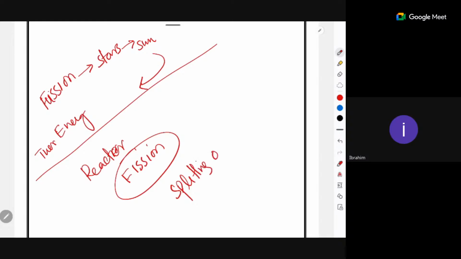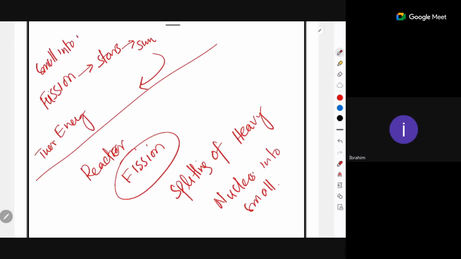Recall this line, because this is the entire topic which will be asked in your nuclear topic. Splitting of a heavy nucleus into small ones is fission, and fusion is small into heavy. They are two opposite things.